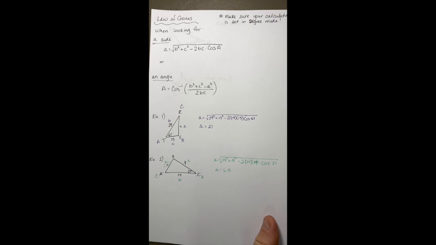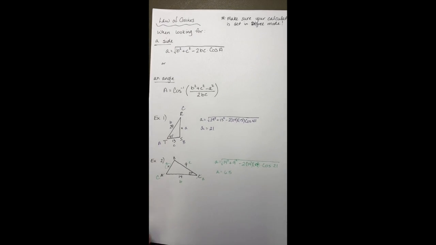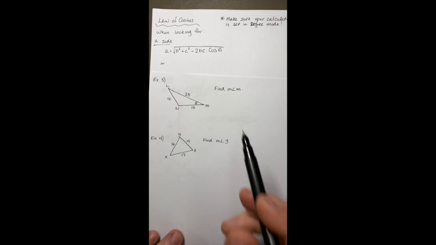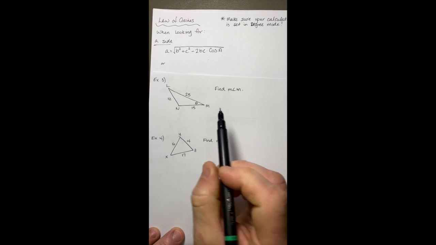So now let's get into our last couple of examples. What if we're looking for an angle? It's not m angle m, it's the measure of angle m. So we're looking for this right here. Keep in mind, this is our equation that we use for an angle.